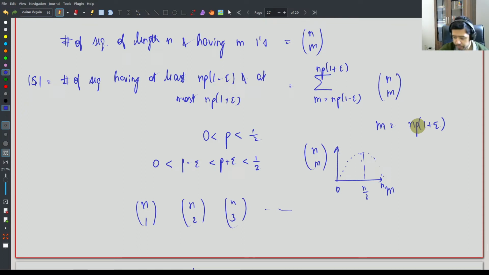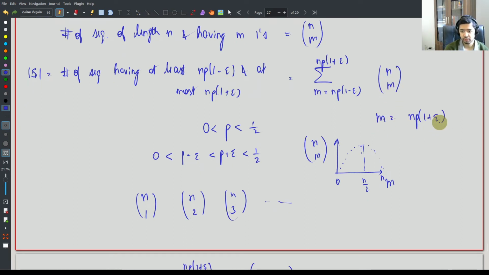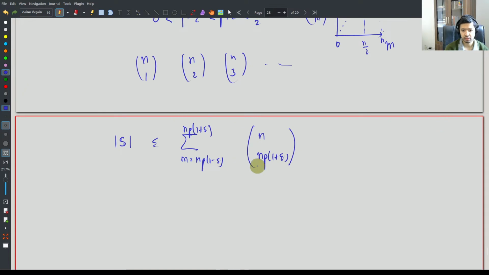Yes, sir. All right. So therefore, each n choose m in this summation is less than or equal to n choose np(1 + epsilon). That is the only thing that I have done over here: I've replaced each n choose m with n choose np(1 + epsilon). Now I can just take this outside, and what do I get?